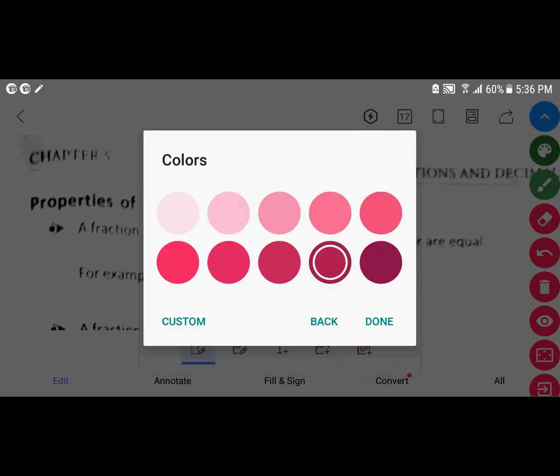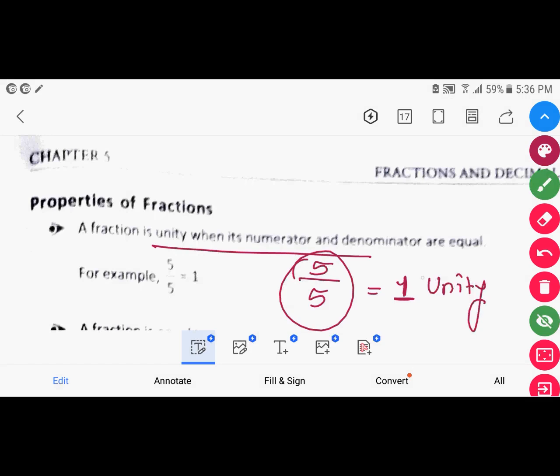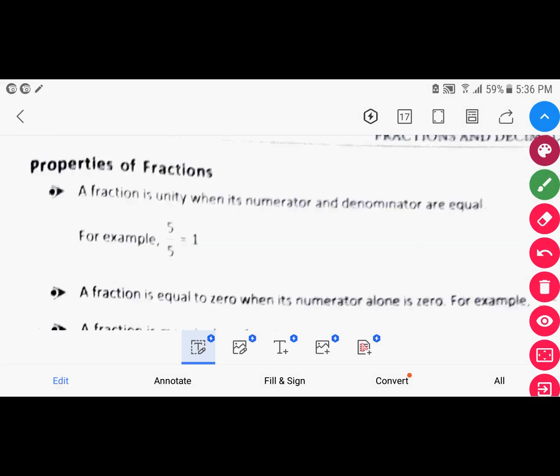The first property of fraction is, a fraction is unity when its numerator and denominator are equal. What it means? If the same numerator and same denominator is there, the value of that fraction is 1, that is unity. So that fraction is known as fraction of unity. Okay.